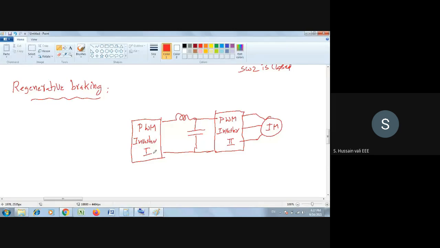Okay, then here we have the three-phase supply.